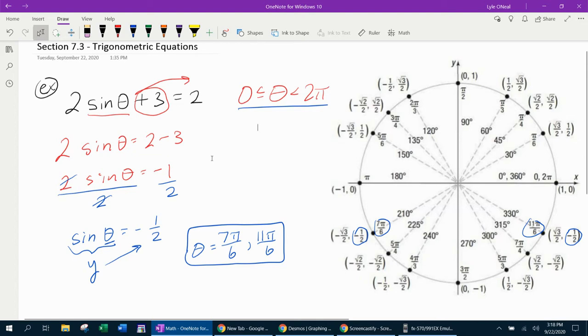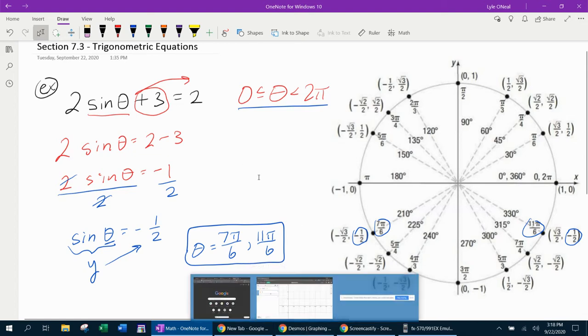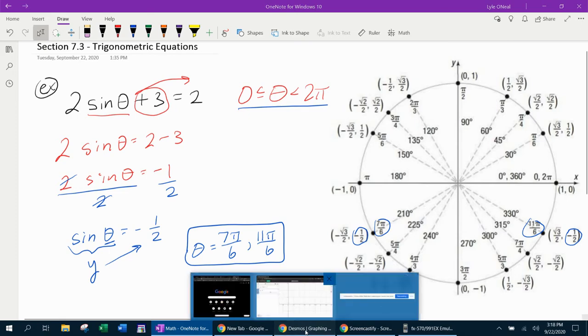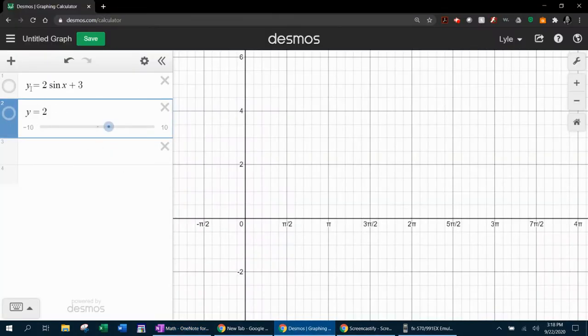Now, what I'd like to do is show you how to check that with Desmos. Okay? So what we're going to do on Desmos is put in the left-hand side of the equation for one equation, and then the right-hand side for another equation. So here we have the left-hand side, y equals 2 sine x plus 3.